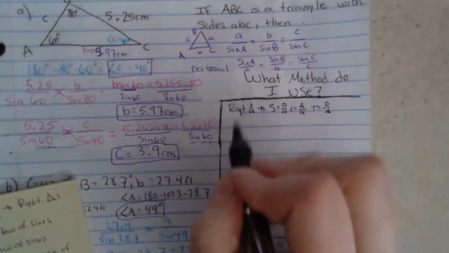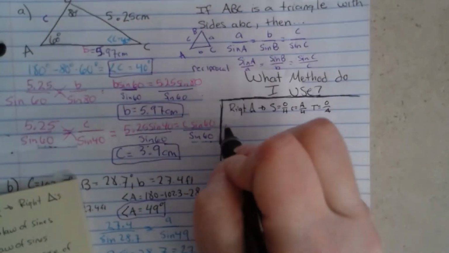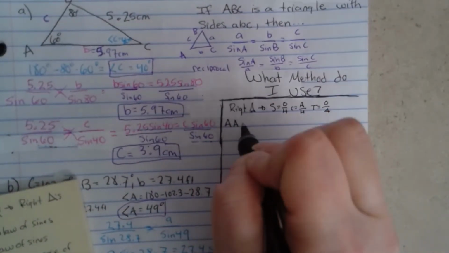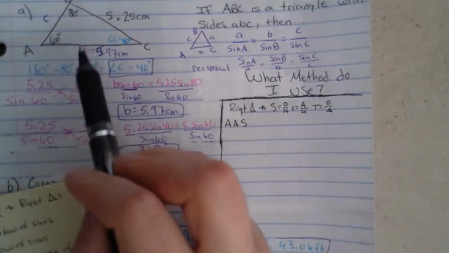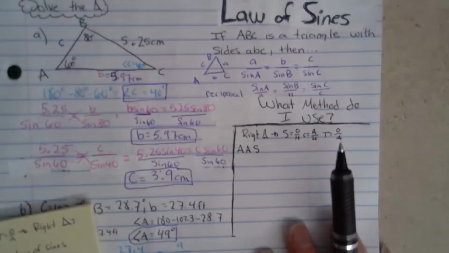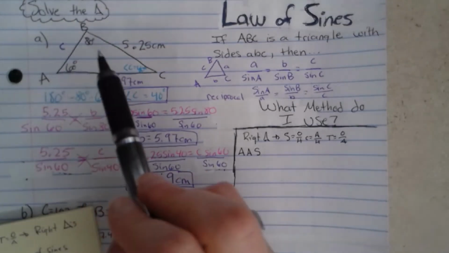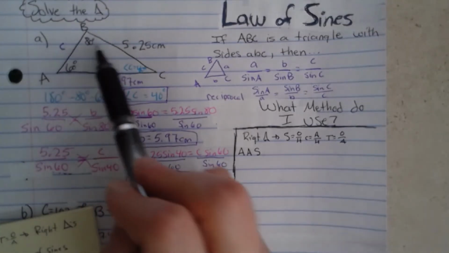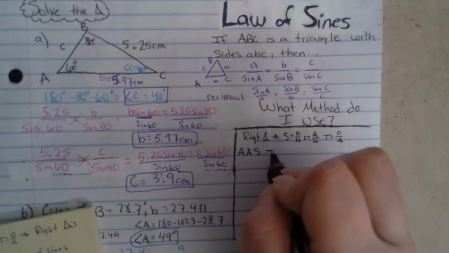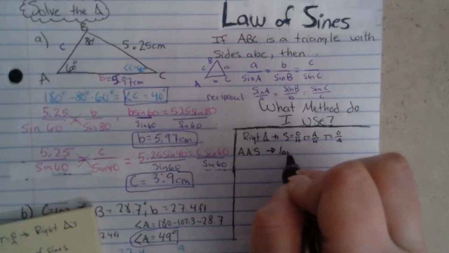Let's say we were given a triangle and we were given an angle and a side. If you look at our example A, we were given an angle, side. If we're given an angle, side, we use the law of sines.